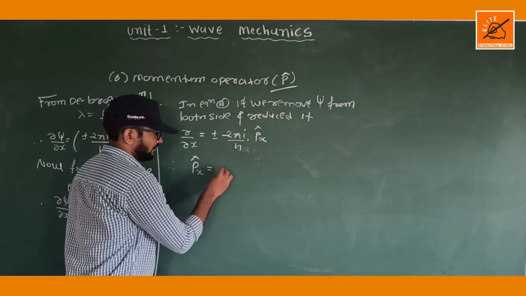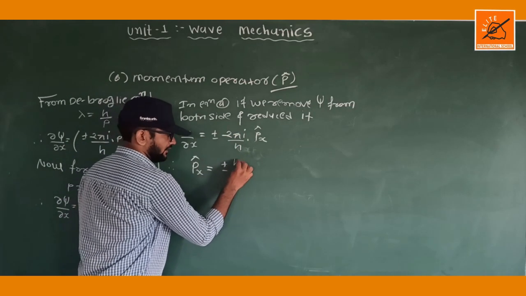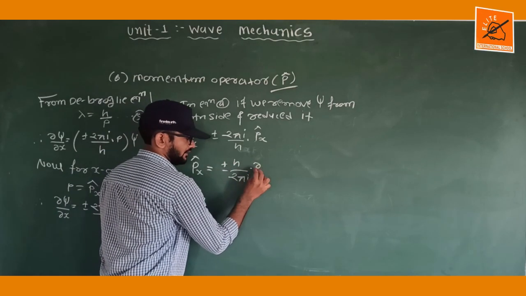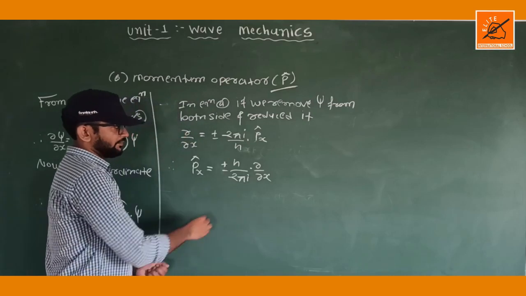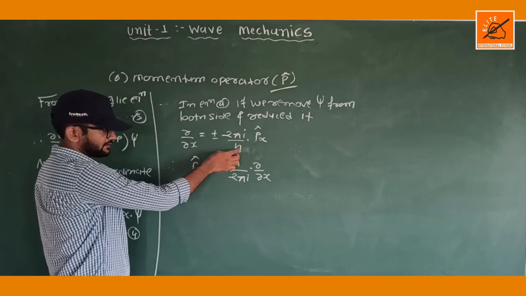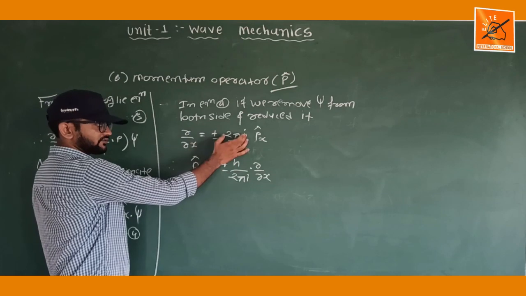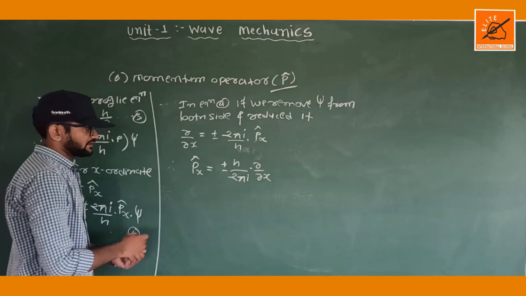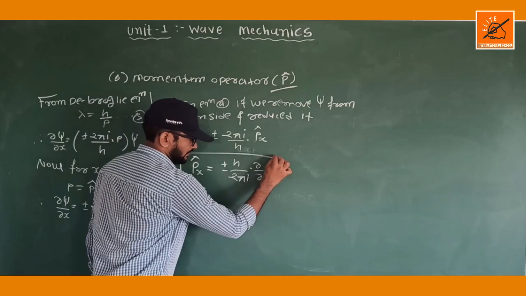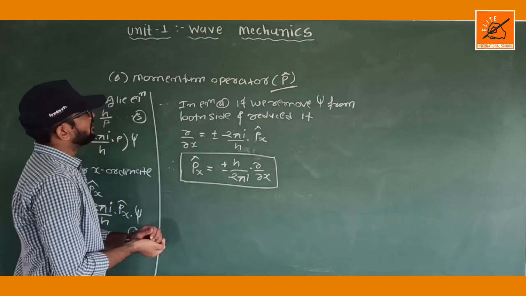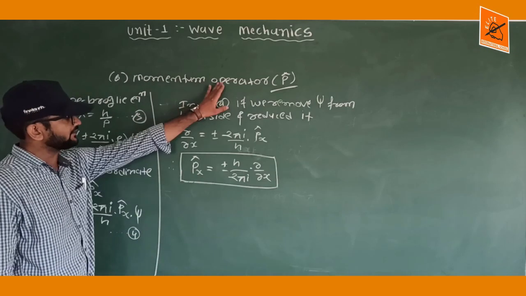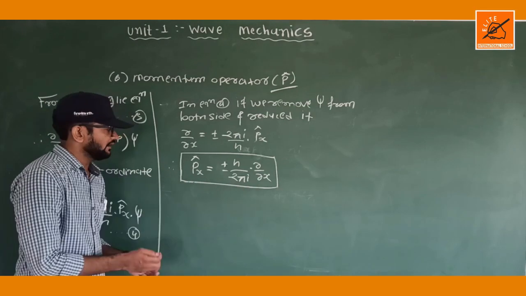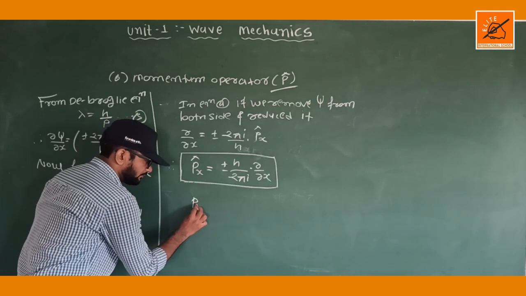It means plus or minus h upon 2 pi i into d by dx. So px is equal to this, the value of the momentum operator while the electron is traveling along the x direction, and this term is also p cap x.